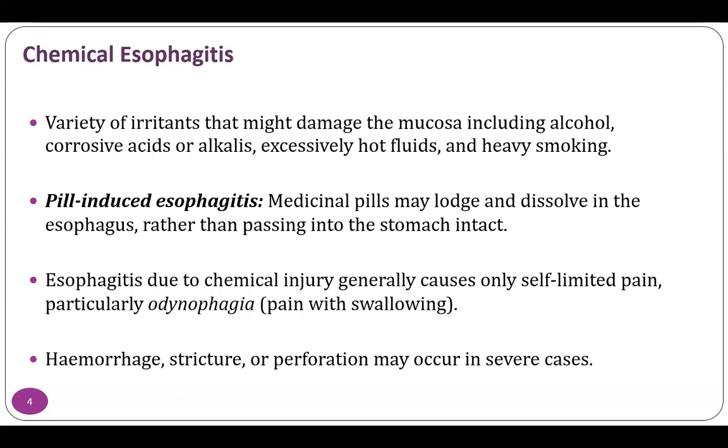In pill-induced esophagitis, it's simple: the patient takes a pill, it gets stuck in the esophagus, and causes chemical esophagitis. Usually, again, it's a self-limited disease, and the healing is very quick. Sometimes, if it's repeated or severe, it can cause hemorrhage, strictures, and rarely perforation in severe cases.